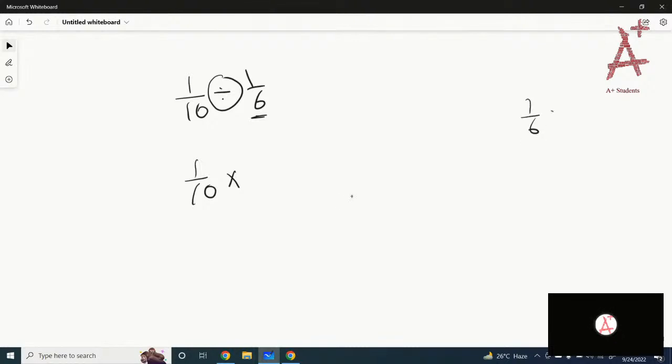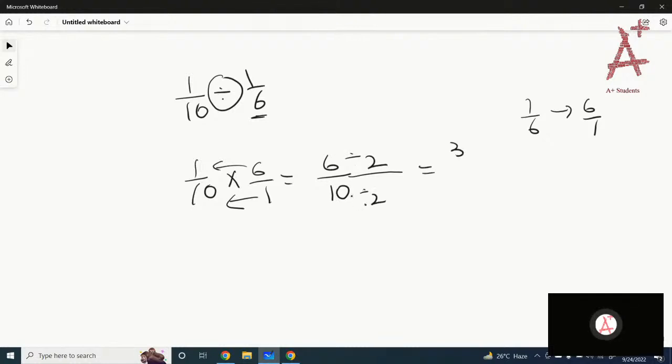Reciprocal means you have to switch numerator and denominator. So it would be 6 by 1. Multiply numerator times numerator and denominator times denominator. So 6 times 1 is 6 and 10 times 1 is 10. We have a common number that can divide both, so divide them by 2. 6 divided by 2 is 3, and 10 divided by 2 is 5. Got it?